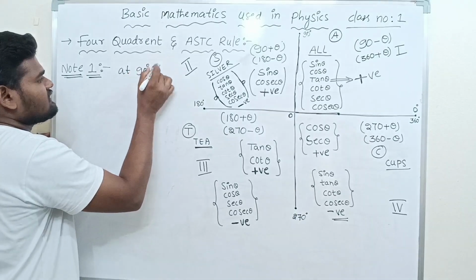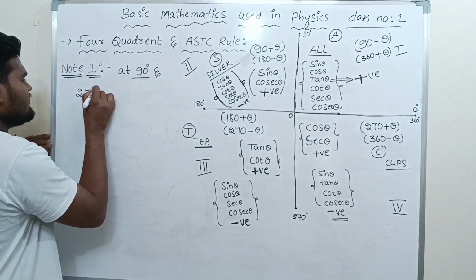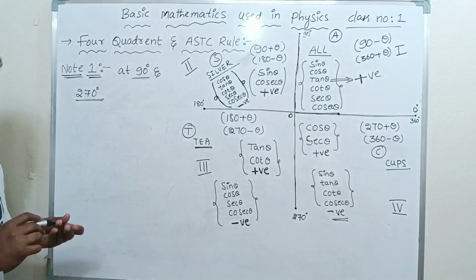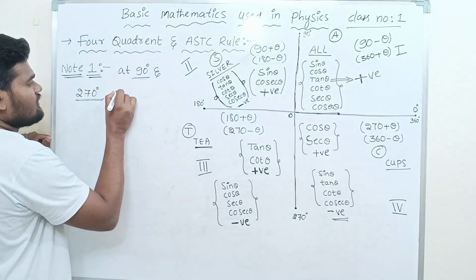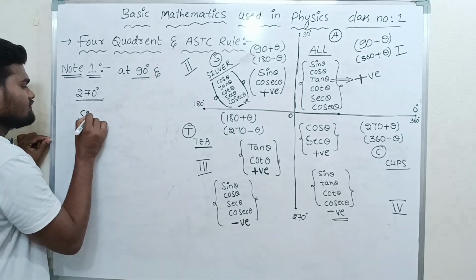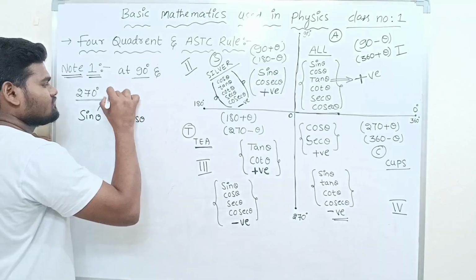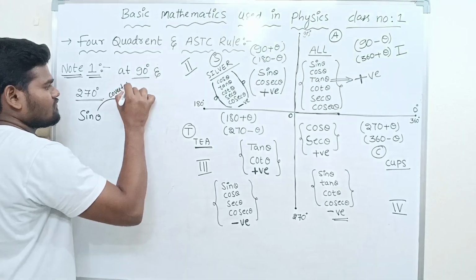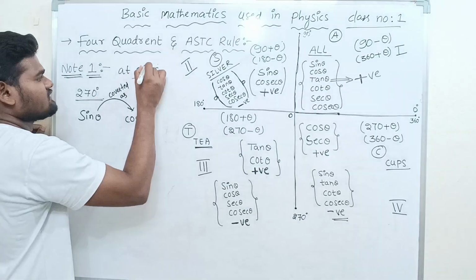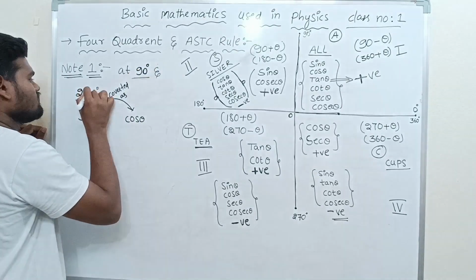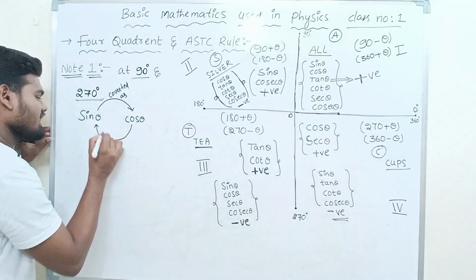At 90 degrees and 270 degrees, sin theta can be converted as cos theta. At 90 degrees and 270 degrees, and cos theta can be converted as sin theta.